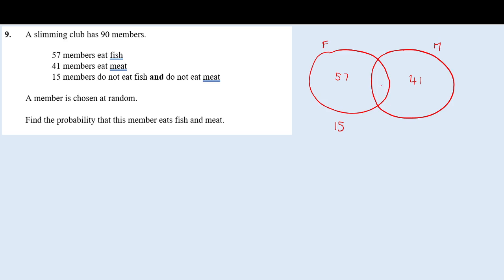And I know that something's got to be going wrong here, because I know that altogether there are 90 people. If I added all those bits together, I've already got something which does not work. These numbers here are already bigger than 90. So I know that there should be something in the middle here.